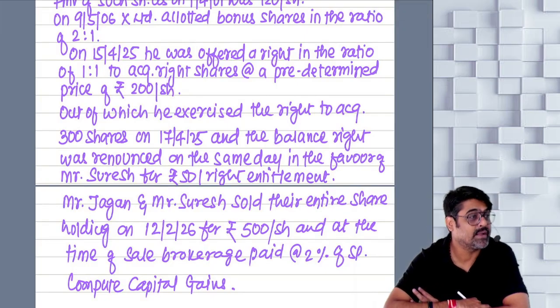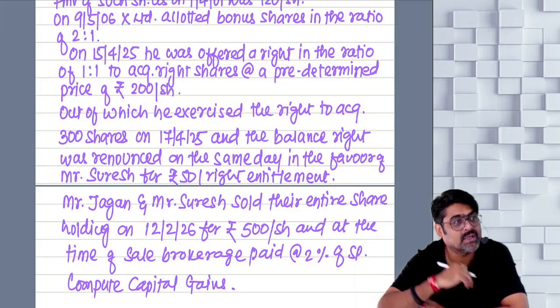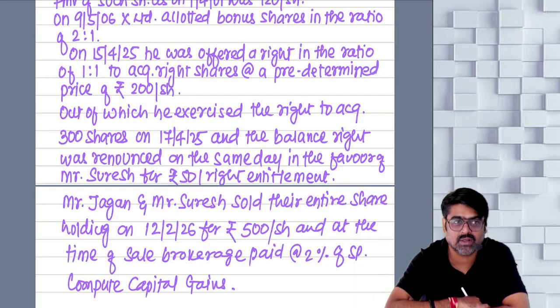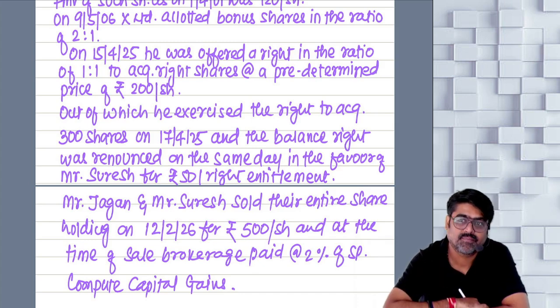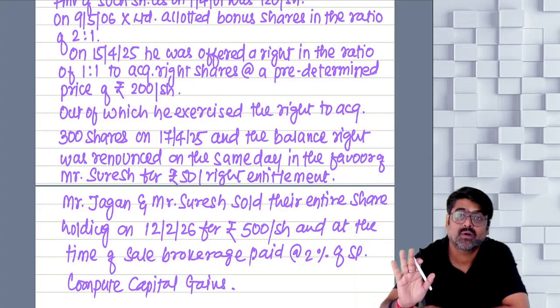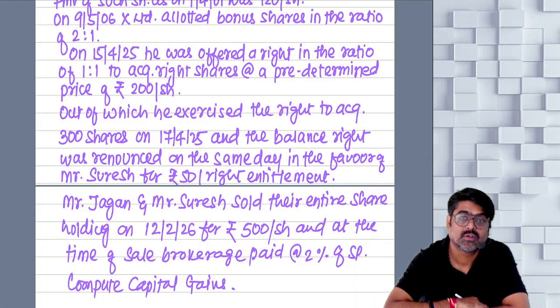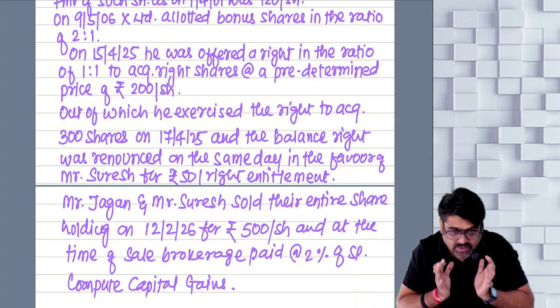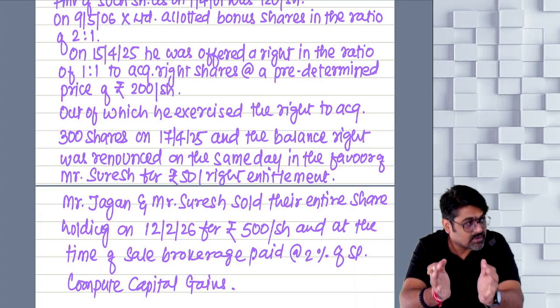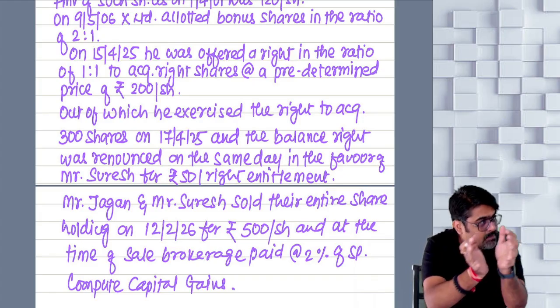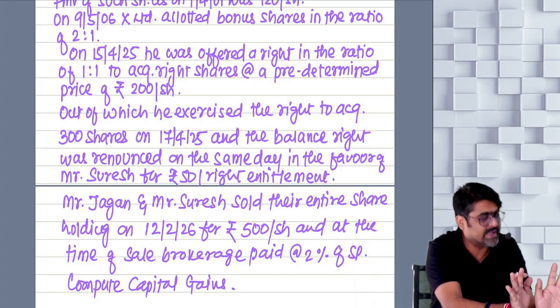Suresh will be tempted to buy the shares at a discounted price. Suresh is an outsider, not a shareholder. You are a shareholder, Mr. Jagan. So Jagan, did you exercise the entire right or only the right of 300 shares? You got the right to acquire 750 shares; out of them, you are acquiring 300 shares.